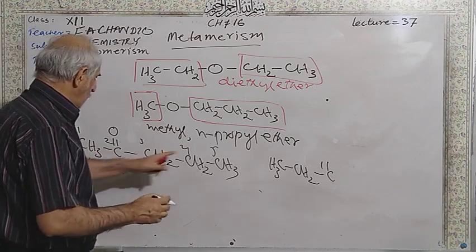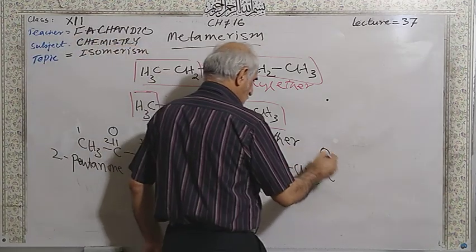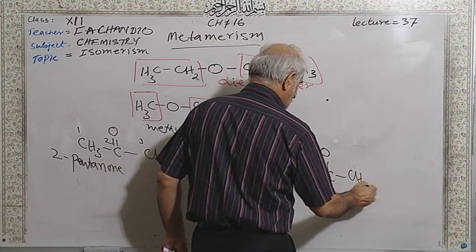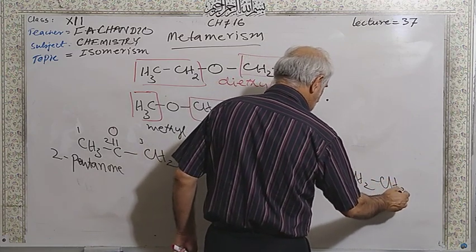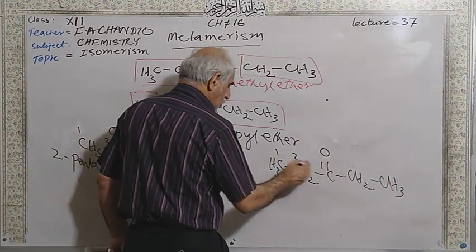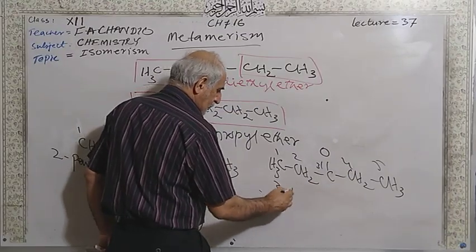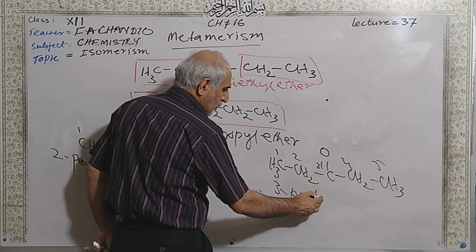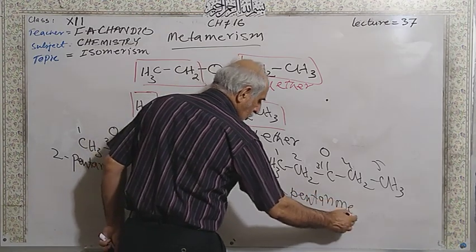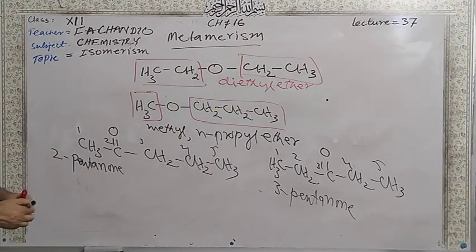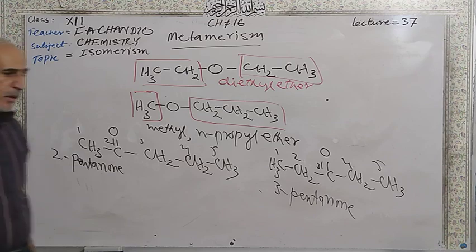Pentanone, 1, 2, 3, 4, 5. Now this is 1, 2, 3, 4, 5. This is 3-pentanone. So on the left and right side of the carbon atom, either side, you are finding unequal distribution of carbon atoms.